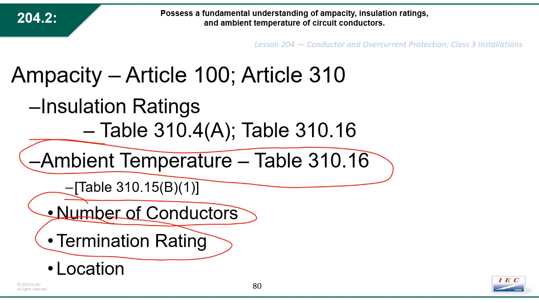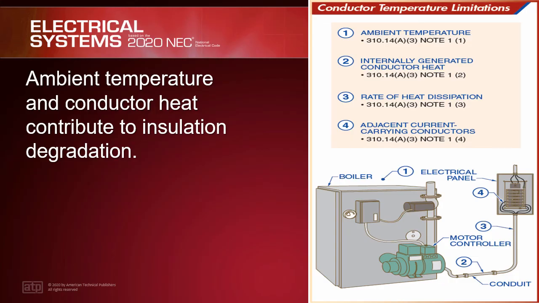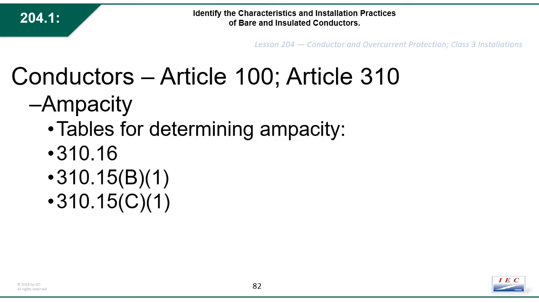Are we terminating this on a 75 degree lug? Are we terminating it on a 60 degree lug? And then location. What's our altitude? Are we in the Rockies? Here in Indiana, it's not a big deal, but in the Rockies, altitude matters. Ambient temperature and conductor heat contribute to insulation degradation. That's why we need to pay attention to what our installation requires.